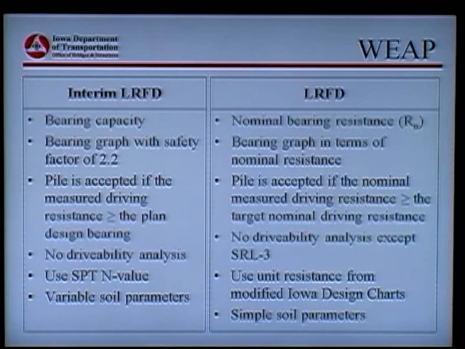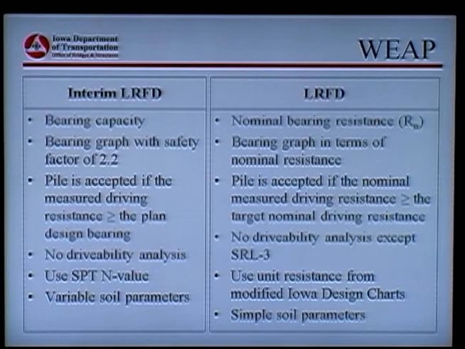Whereas in LRFD design, we will talk about everything in nominal. We will compare and calculate the values, every number, in nominal resistance form. So you have 2.22 as a factor of safety when you run the WIP analysis, whereas in the LRFD, you run the WIP and generate the bearing graph in terms of nominal resistance.